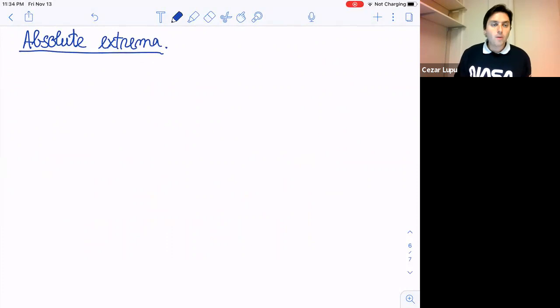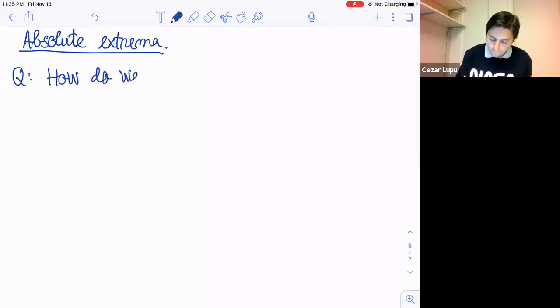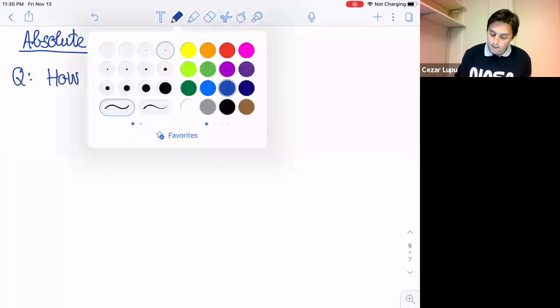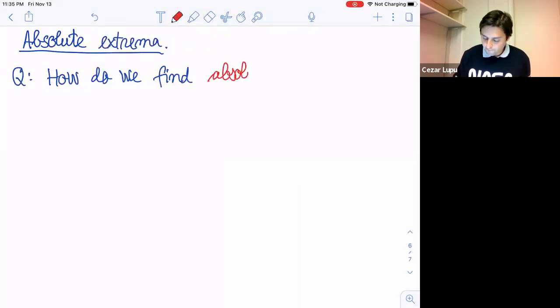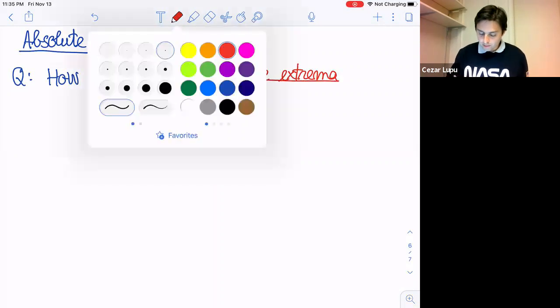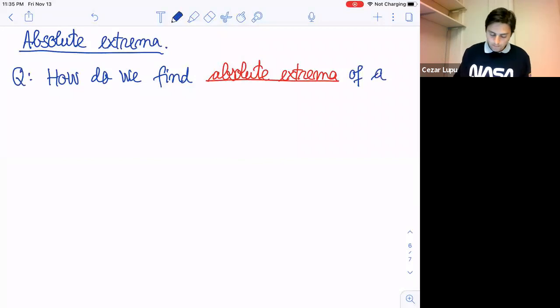All right, so we would like to see how to find absolute extrema of a continuous function defined on a closed and bounded interval AB. So the question we would like to address: how do we find absolute extrema of a continuous function on an interval?